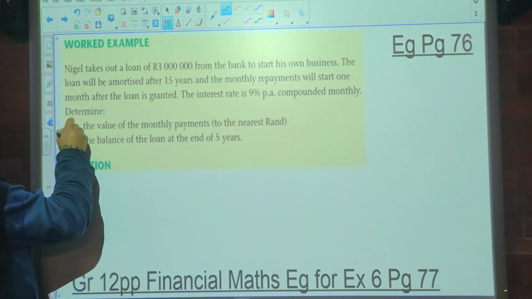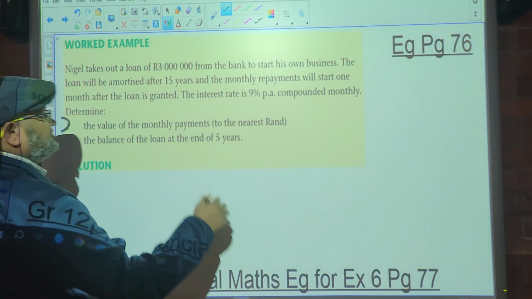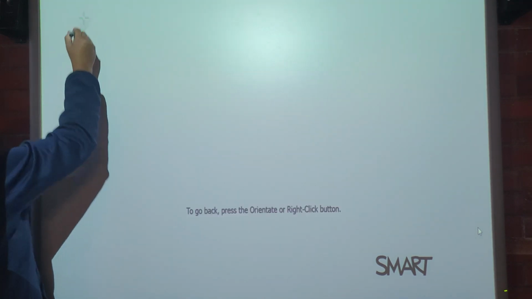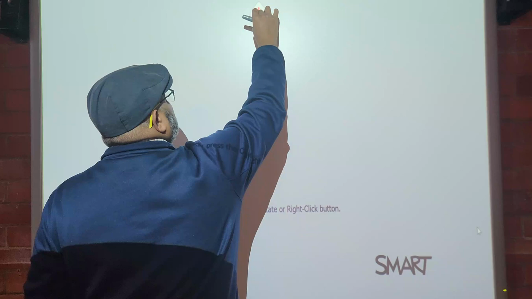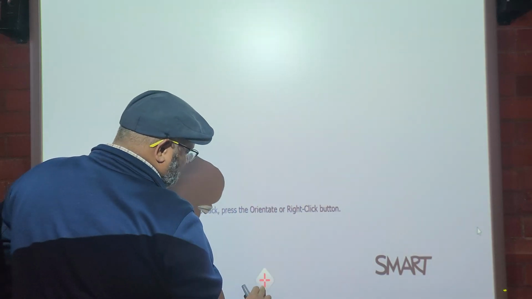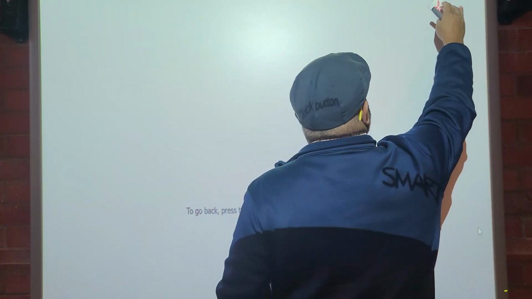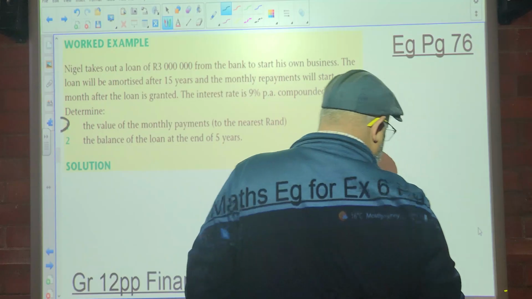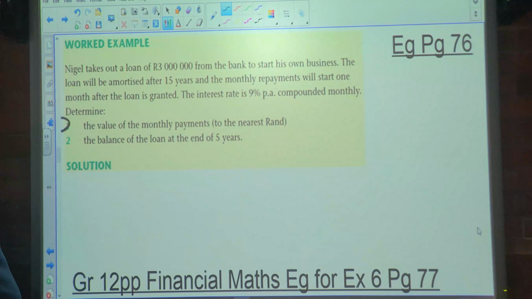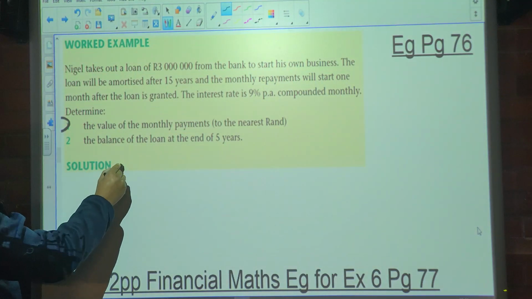So in number 1, to calculate the monthly installments, are we going to use the FV formula or the PV formula? PV. Why? Because that's a loan.